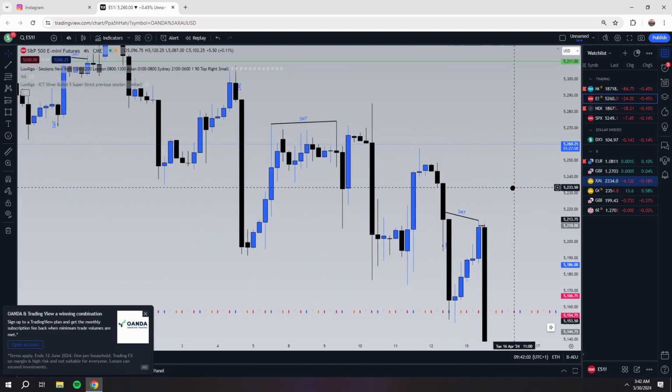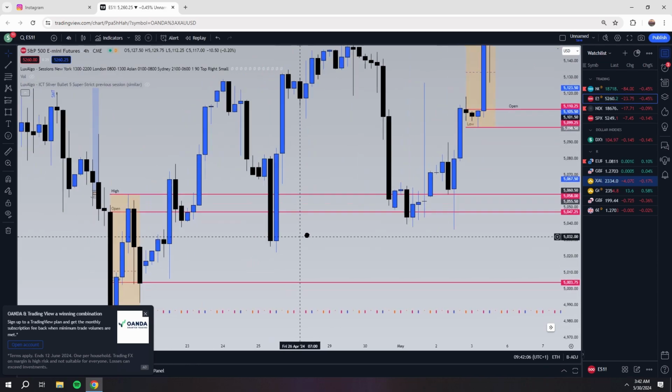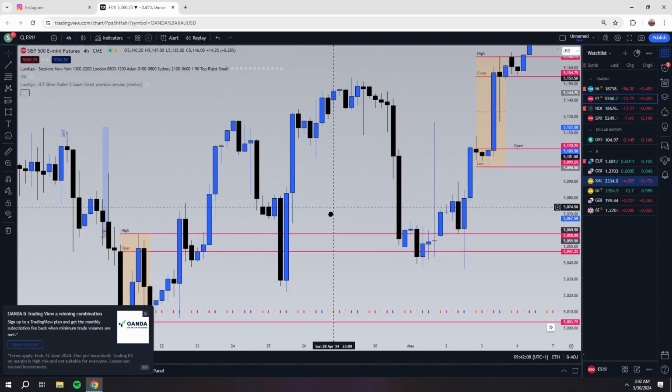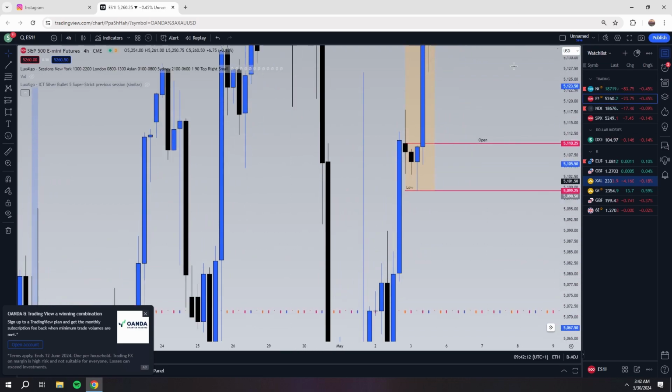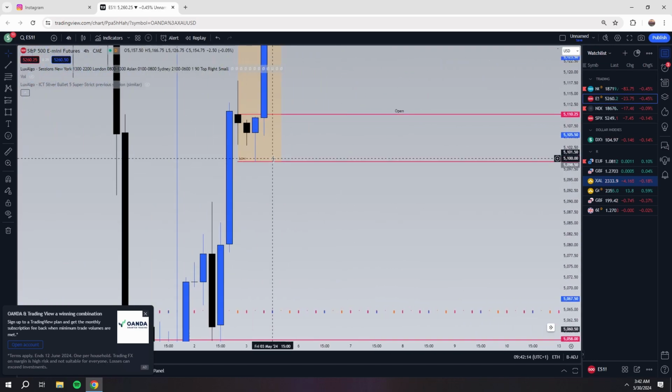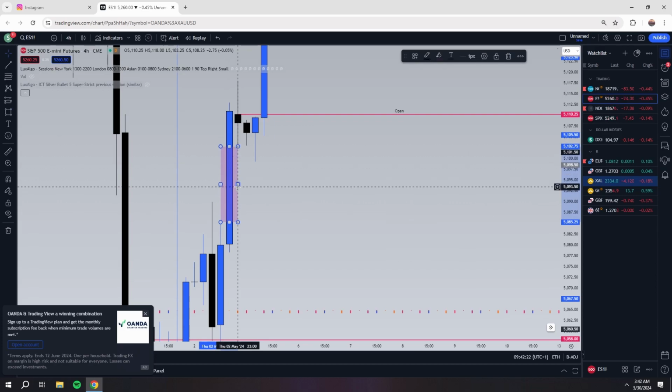Let's go ahead and find a bullish one. Go down a little bit more. Okay, this is a pretty good example here. Let me remove this. So, a 3-candle sequence: high of the first, low of the third.